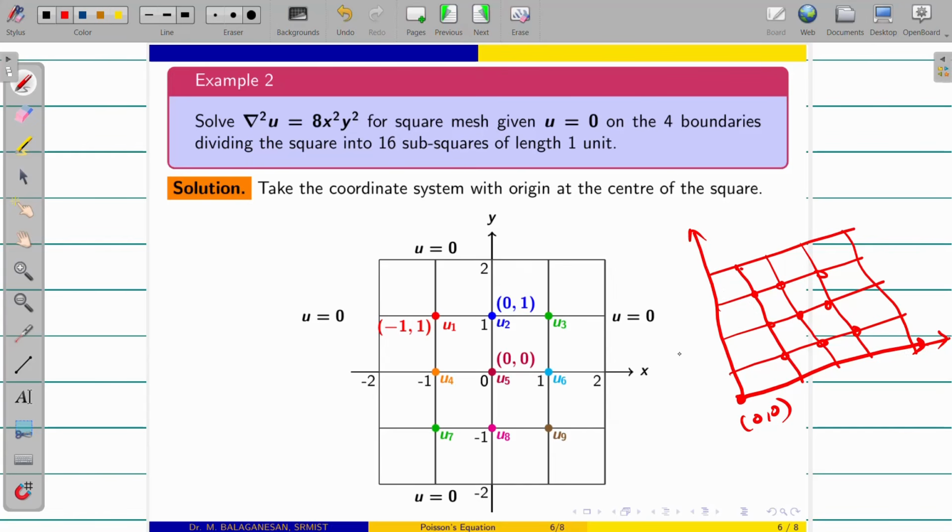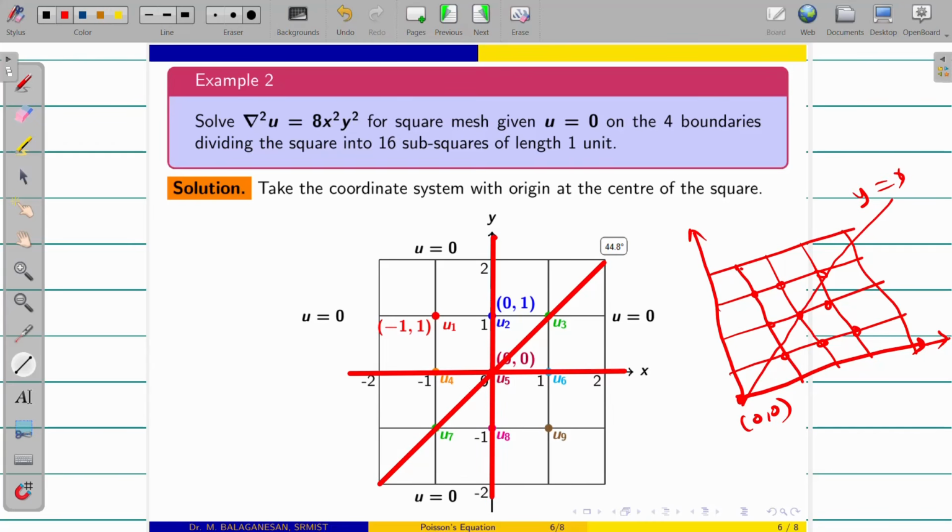If I choose the origin at the corner, I can only talk about symmetry about the y equal to x line. But now I can talk about symmetry about the x-axis, the y-axis, and the y equal to x line.